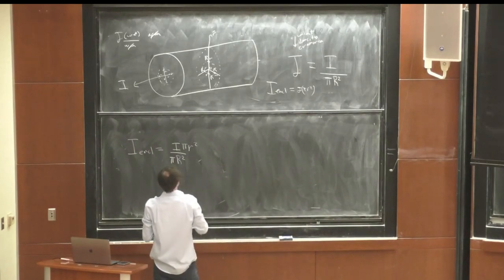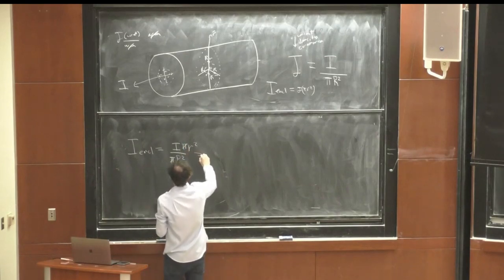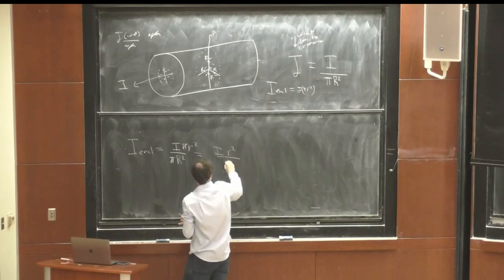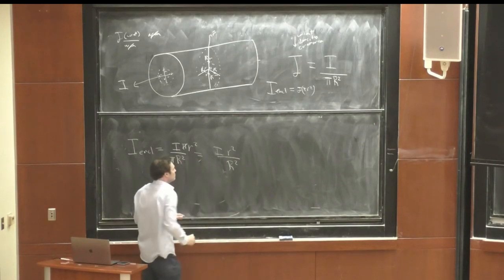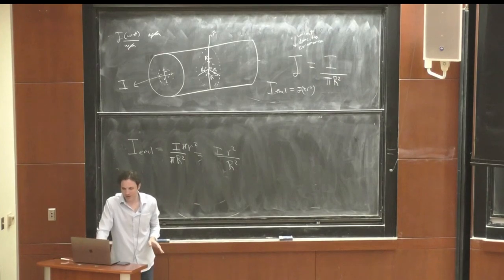So then we've got some things that are going to cancel. Pi's are going to cancel, and that's equal to I little r squared over big R squared, okay? So then that's I enclosed. I times little r squared over big R squared.